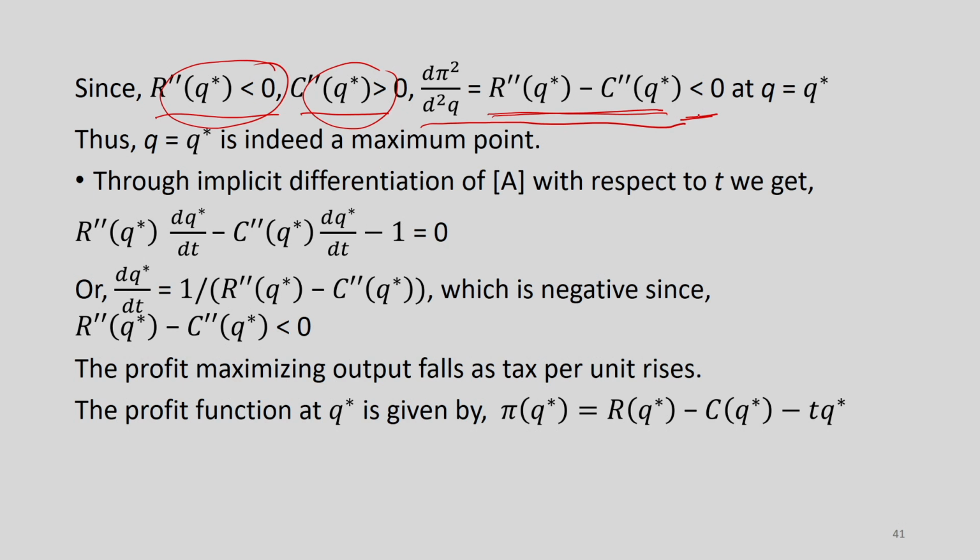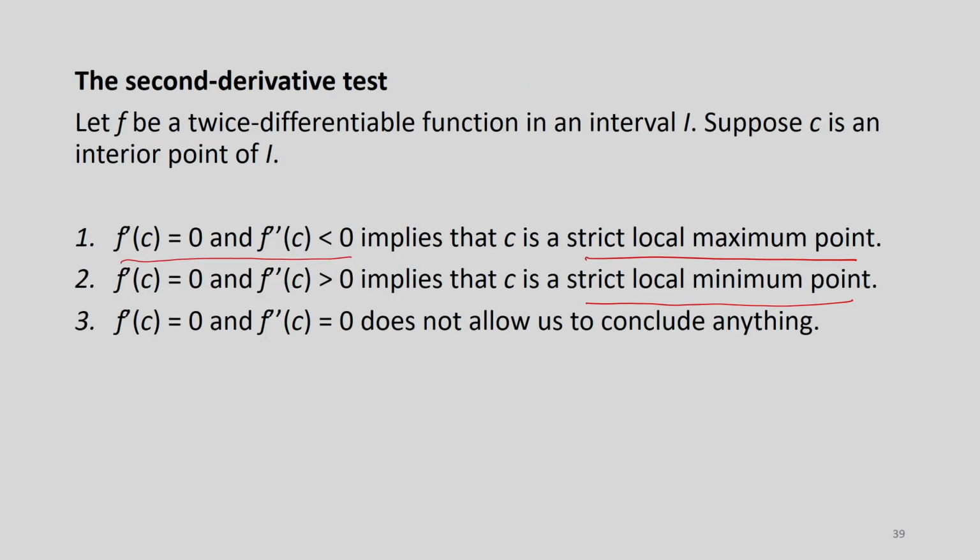And that basically tells us that q equal to q star is indeed a maximum point, because we have seen in the previous slide that at c, f prime of c is equal to 0, that is a stationary point, and at that very point the second derivative is negative. If these two conditions are satisfied, then c is a strict local maximum point.